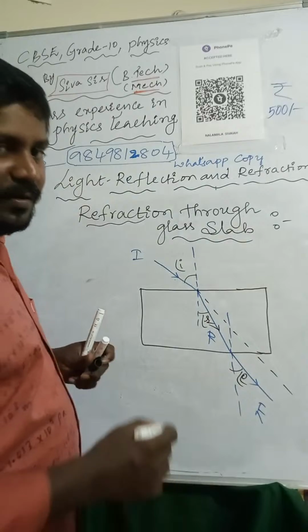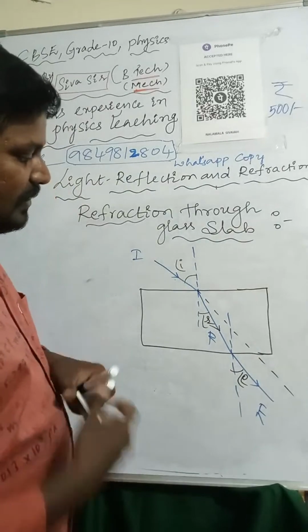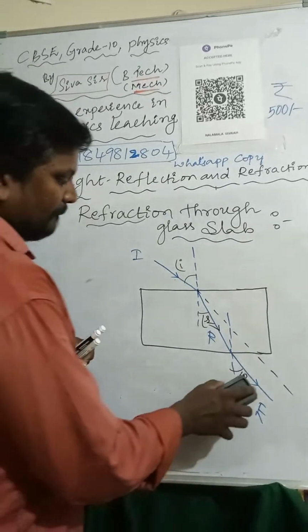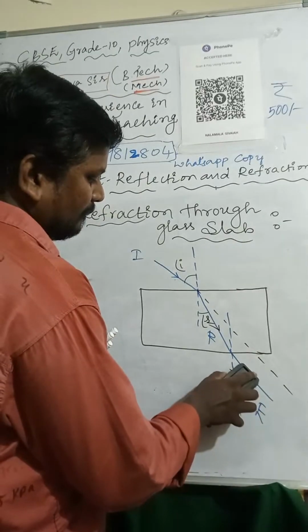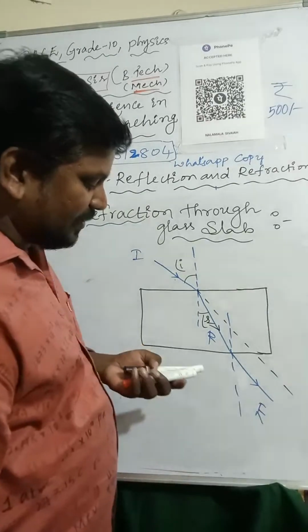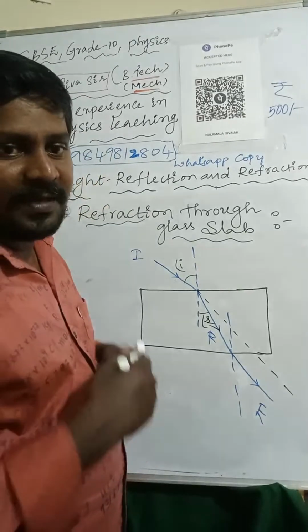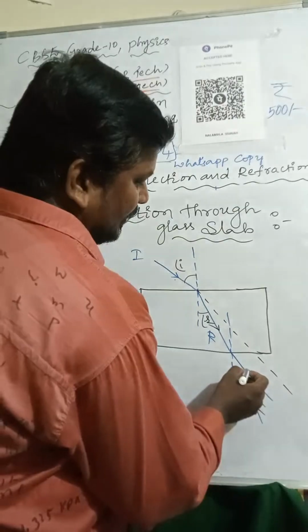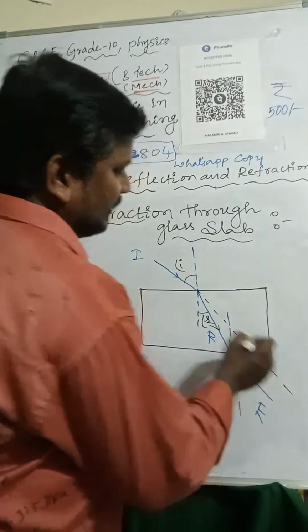Now you can see I am considering the distance between the emergent ray and the extended incident ray.